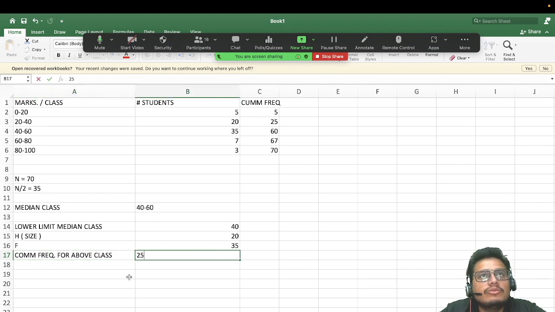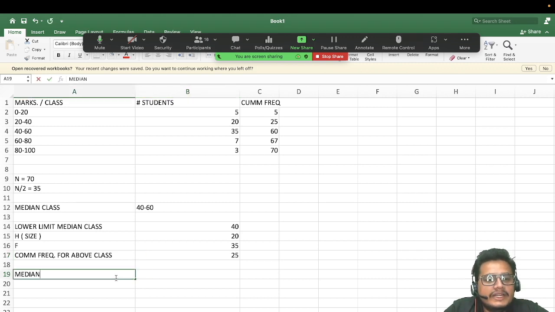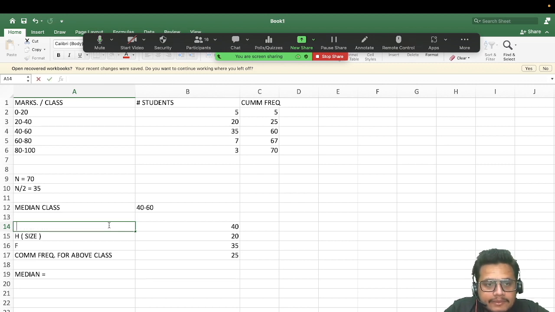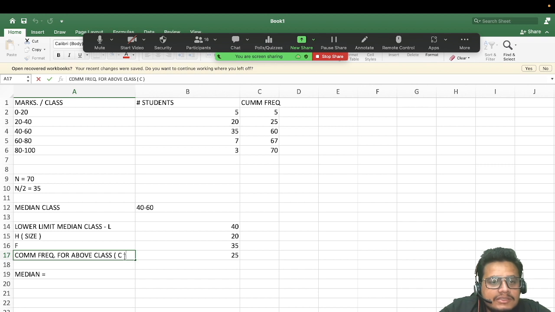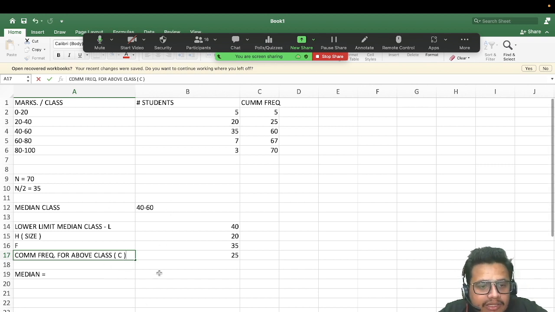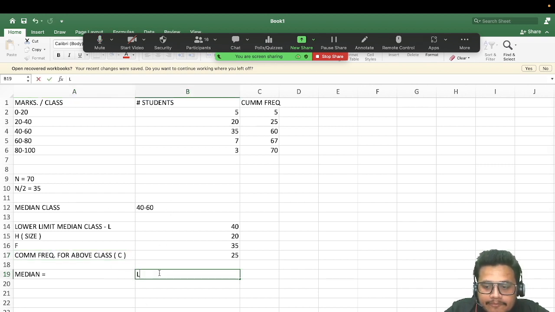Now we have formula to find the median. So this is our L. This is our h, and this is our f, and this is our C. Okay, so based on this we have formula: L plus, n by 2 minus C, whole divided by f, whole into h.